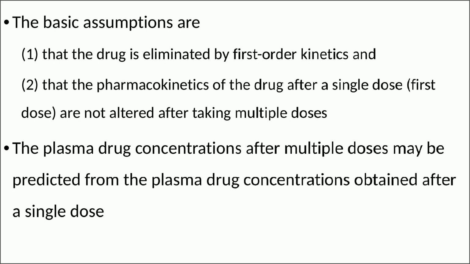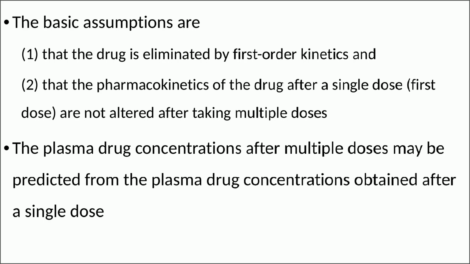Now the basic assumptions are that the drug is eliminated by first order kinetics, and that the pharmacokinetics of the drug after a single dose, that is the first dose, are not altered after taking multiple doses.